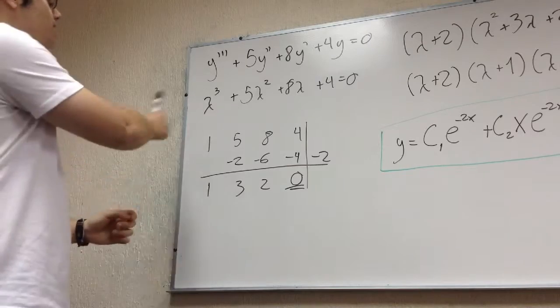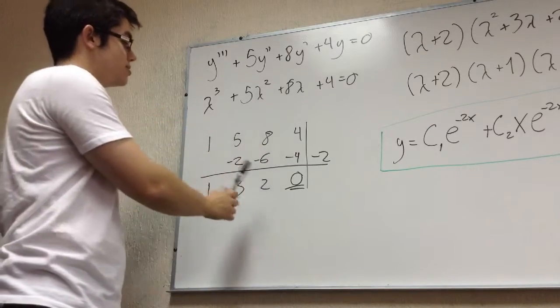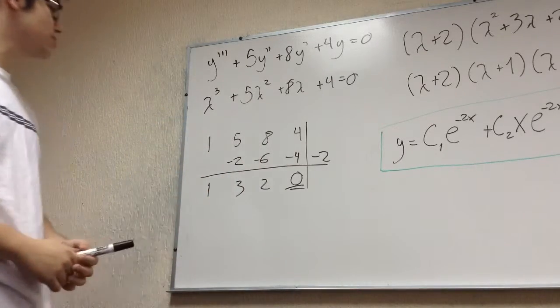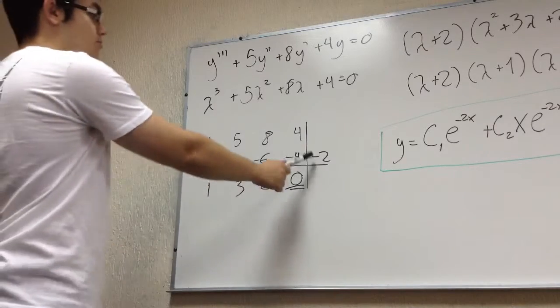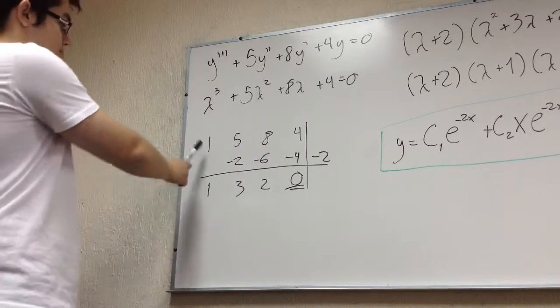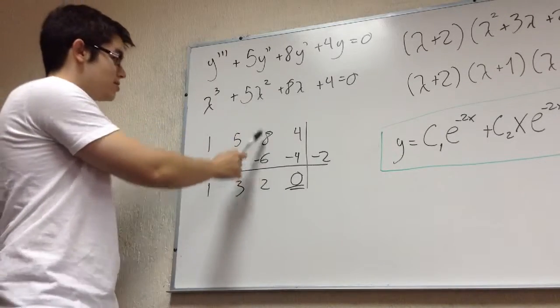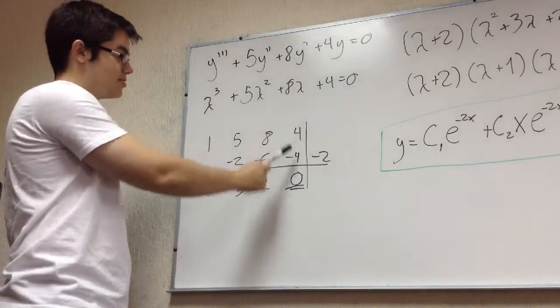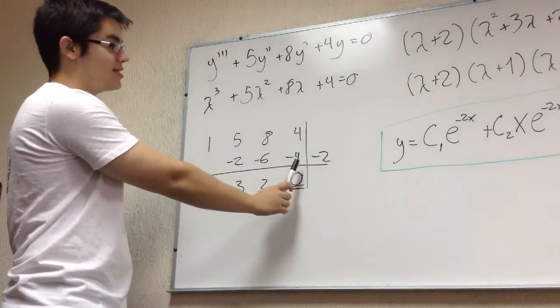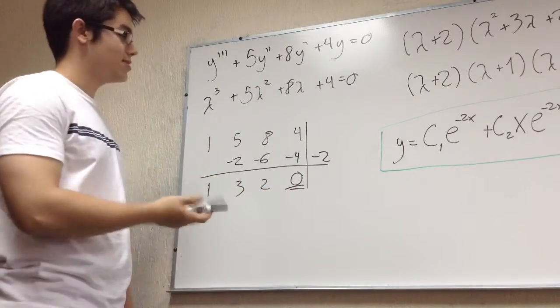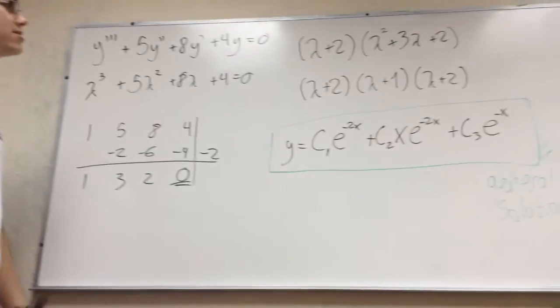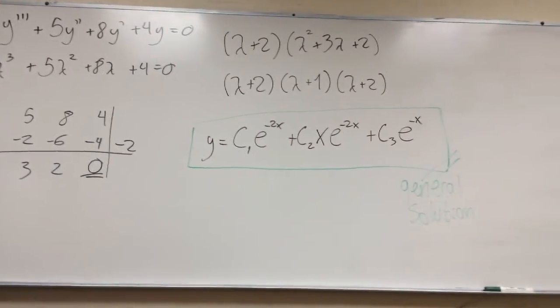To get the values of lambda, we use synthetic division. We try with a value of minus 2. We multiply, we have 3 times minus 2 is minus 6, 2 times minus 2 is minus 4, so we have 0 at last. So it means minus 2 is a value of lambda.